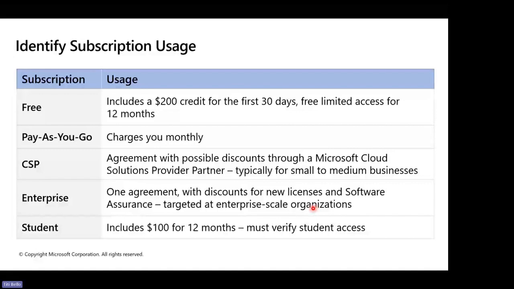Then there is a student type of subscription that gives you access to $100 for a period of 12 months, right? And this one requires you to be in a school that has such an agreement with Microsoft, such that Microsoft can allow their users to use Azure for whatever they are learning within the school.